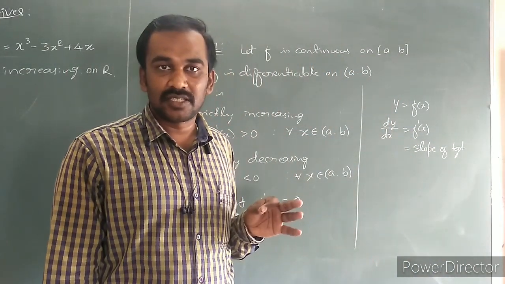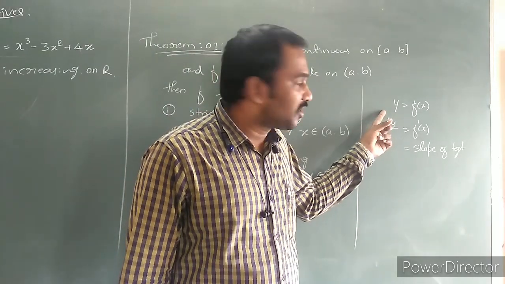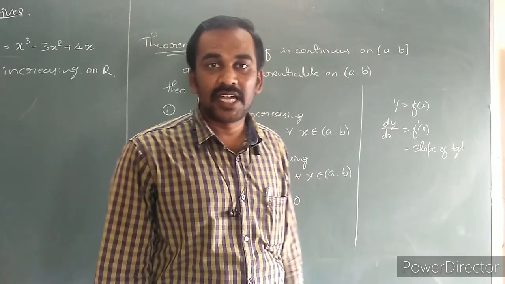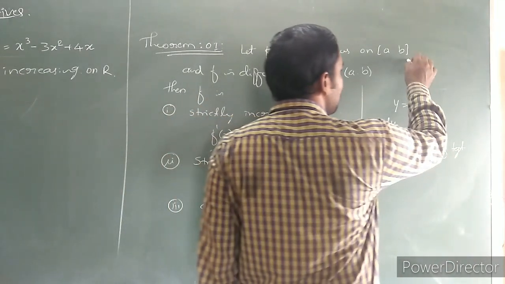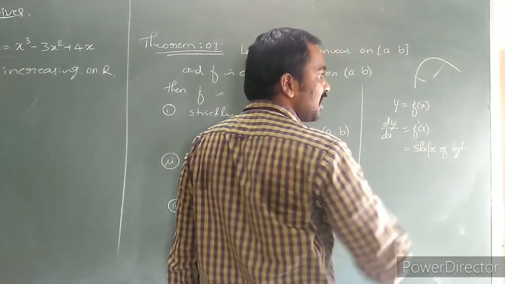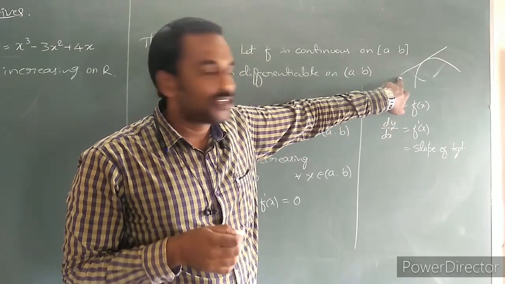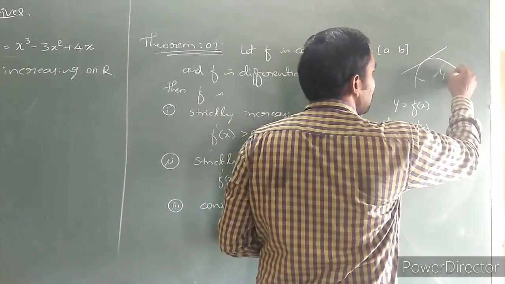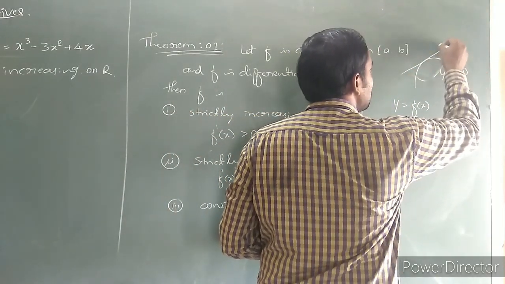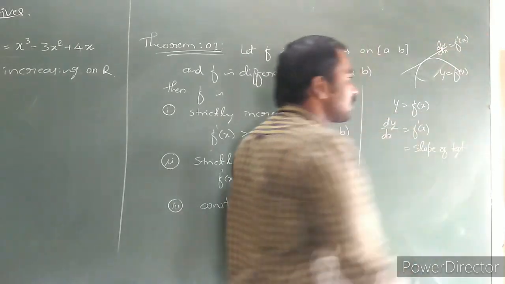In our first PUC classes, you have already studied that the first derivative of the function is the slope of the tangent to the curve. Suppose the curve is like this, the tangent to the curve gives the first derivative of the given function. This is the curve y is equal to f of x, and this is dy by dx or f dash of x.